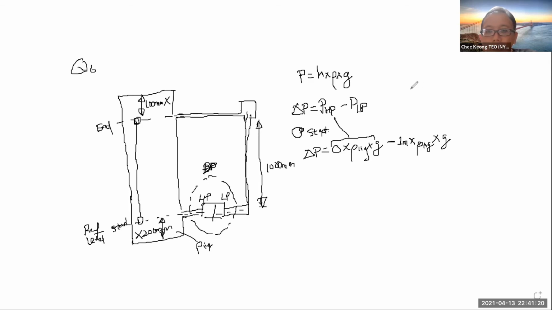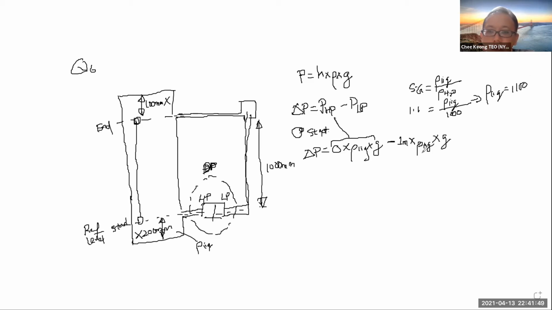Now, specific gravity of a liquid will be density of the liquid divided by density of H2O, water, right? So if specific gravity given is 1.1, then, because density of water is 1000, you just bring it over, this implies that rho liquid is actually 1100.